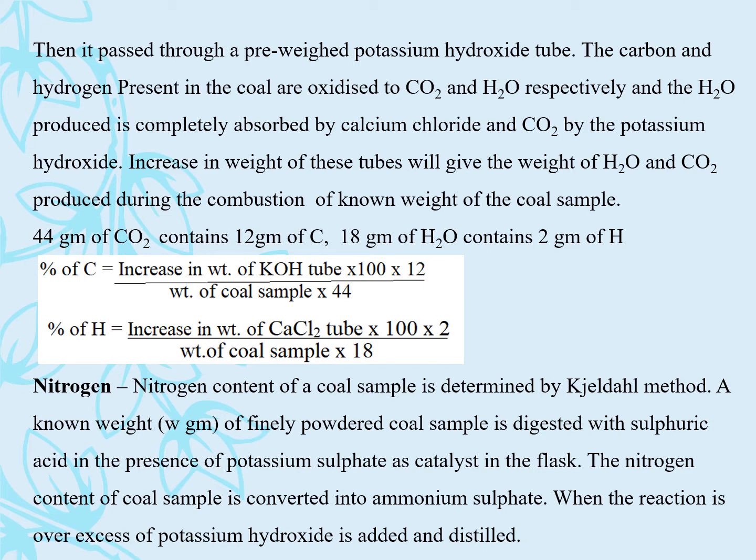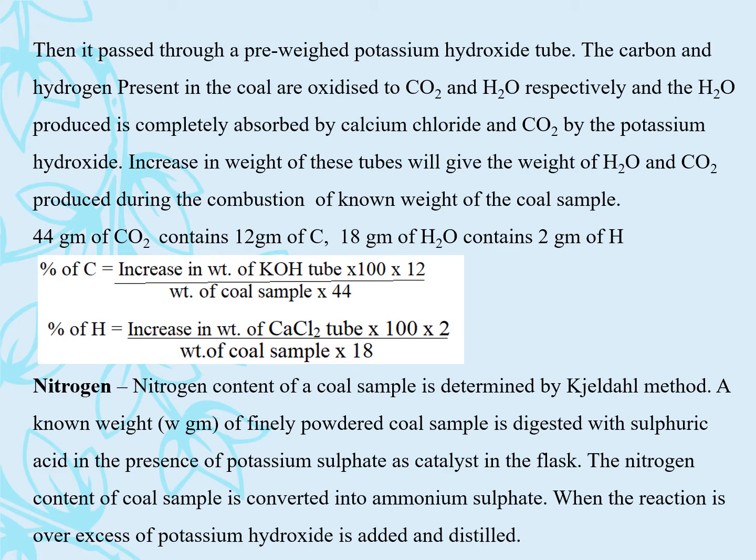Now, why is it passed through these two tubes? The carbon and the hydrogen present in the coal are oxidized to carbon dioxide and water respectively. The water produced is completely absorbed by the calcium chloride, and the carbon dioxide produced is completely absorbed by the potassium hydroxide tube.